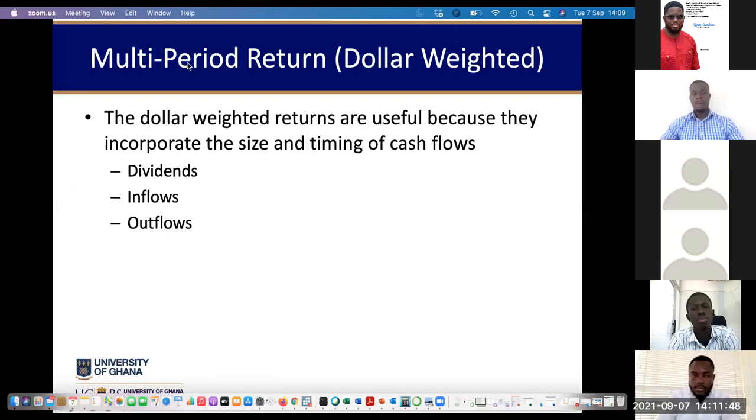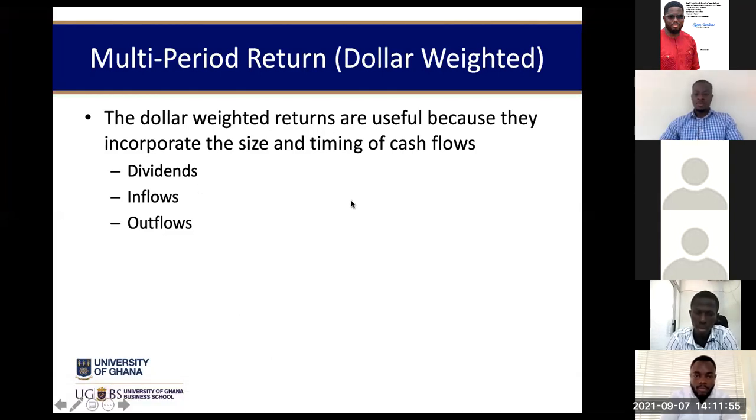Okay, so basically, I think we finished that. The main thing I'll mention is that this can be useful in some settings. For example, if you have a fund where the fund receives inflows and outflows, it's important to be able to account for the return of the fund, taking into consideration money coming in, money going out, dividends coming in, etc. So that makes this a very useful measure.